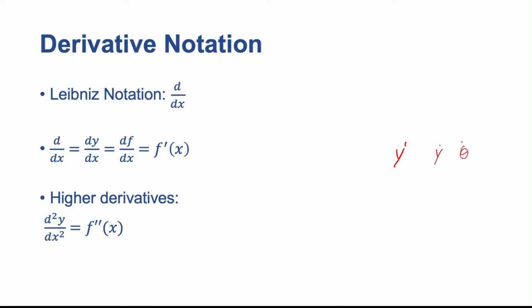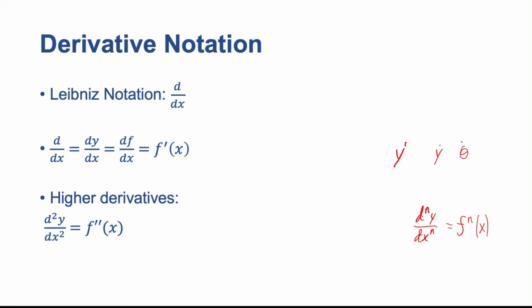But if we want to go to the nth derivative, we do d^n y over dx^n, and that's also f^(n)(x). And writing out all these primes could become kind of tedious as we get to higher and higher derivatives, so we can just write the number of the derivative as our superscript.